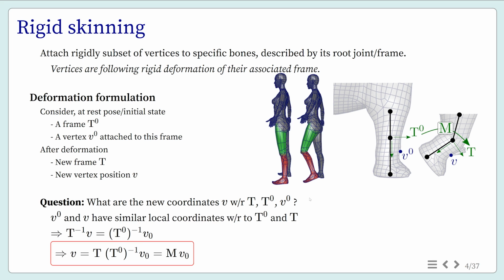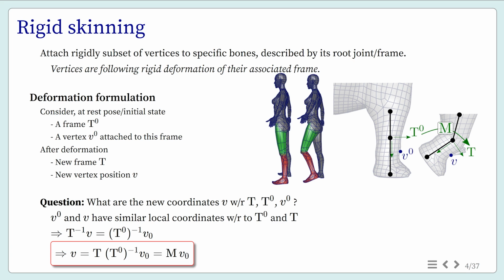One way to derive this relation is to say that the local coordinate of V0 with respect to the frame T0 is the same as the coordinate of the vertex V with respect to the frame T. So basically, the local coordinate of V with respect to T is T inverse times V, and it has to be equal to the local coordinate of V0 with respect to T0, meaning it's T0 inverse times V0.